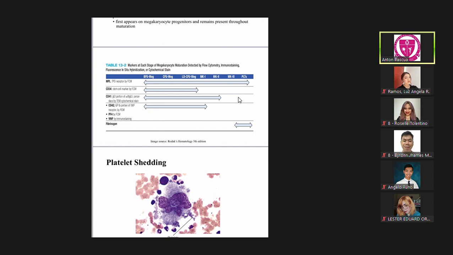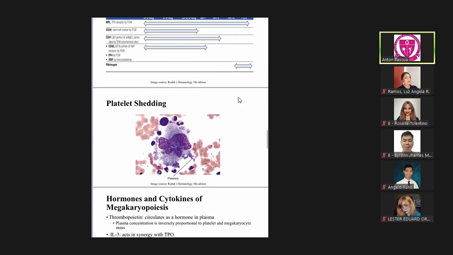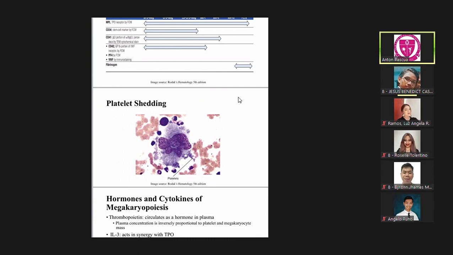Okay, so moving on. Ito na yung binanggit natin kanina, ha? Yung platelet shedding or anong tawag natin sa platelet shedding? How do we call it? When your megakaryocyte starts to release your platelet. Thrombocytopoiesis. Okay, so that is when your megakaryocyte starts to release out or shed out your platelets.